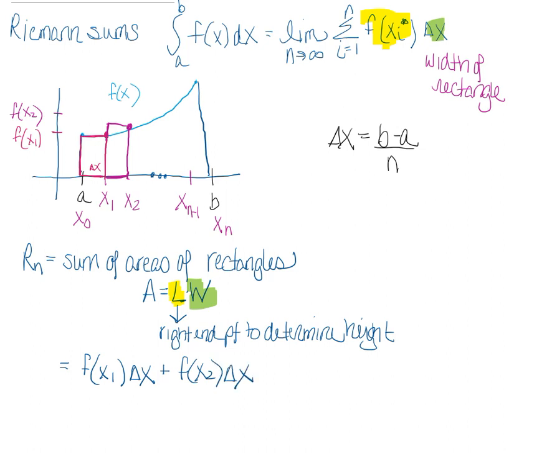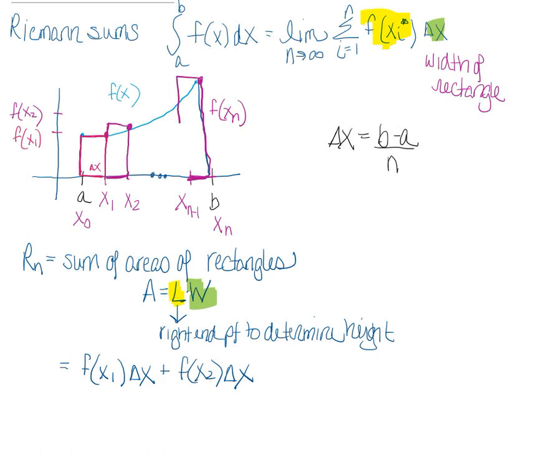And we would continue this process until we got to the last interval. The last interval in this case just happens to be between x sub n minus 1 and x sub n, or b. And the right endpoint is b in this case. So we go up to the function. The height of that rectangle is going to be f at xn, or f at b, same thing.